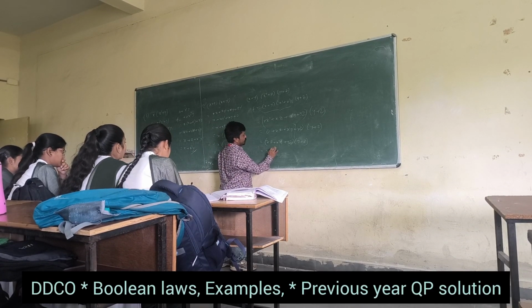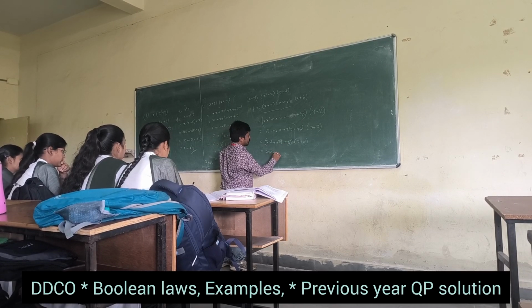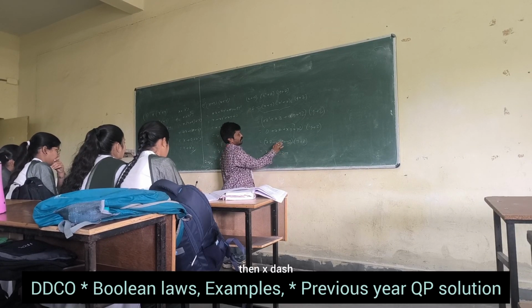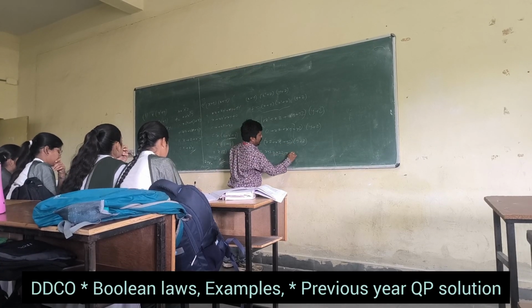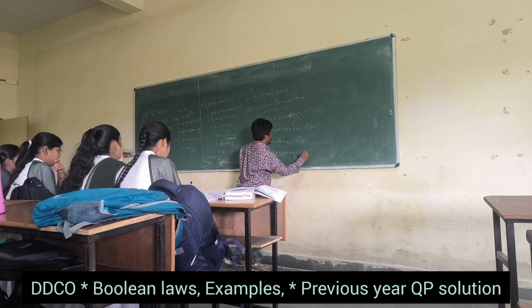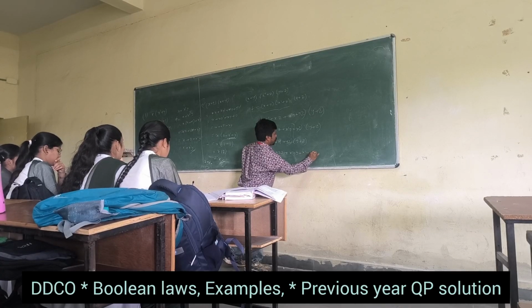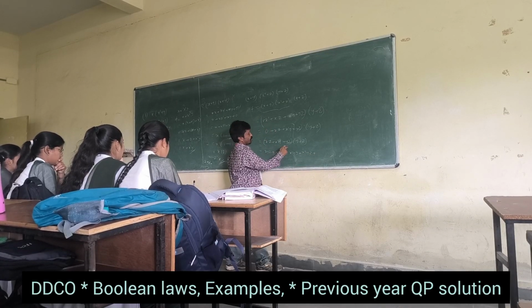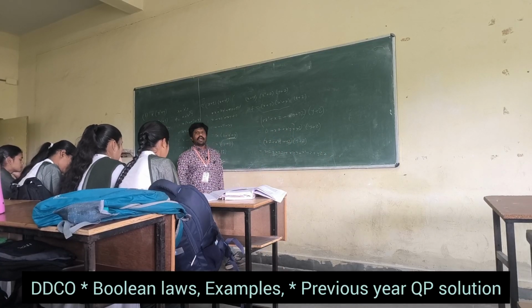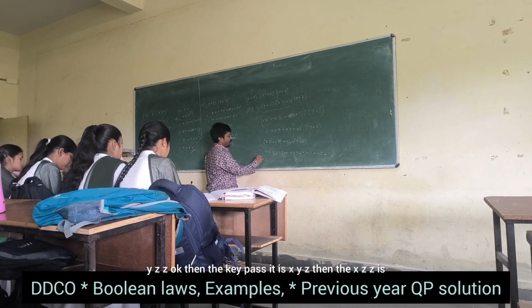xyz plus xzz, then x dash yy, then x dash yz, then yzz. Keep xyz as it is.